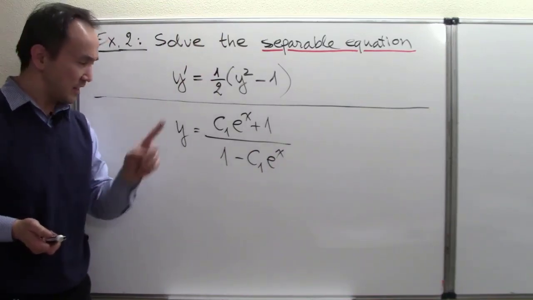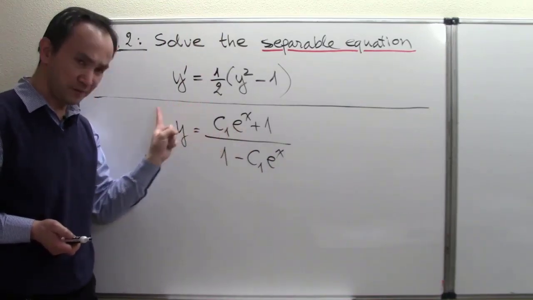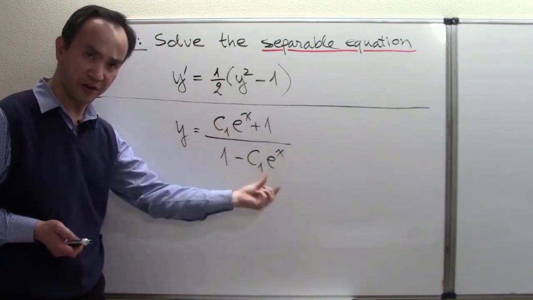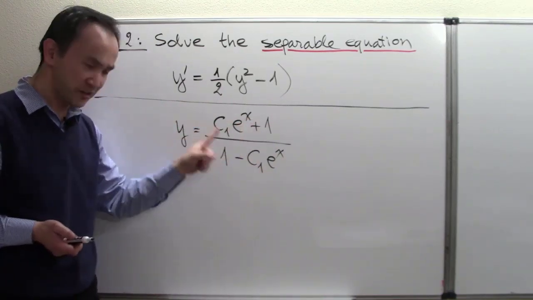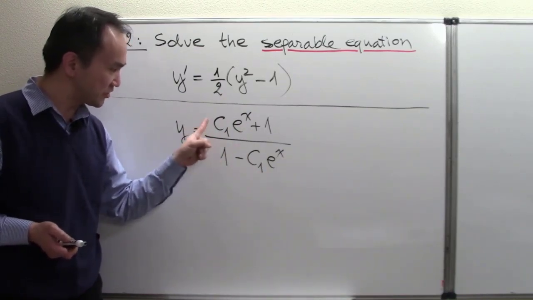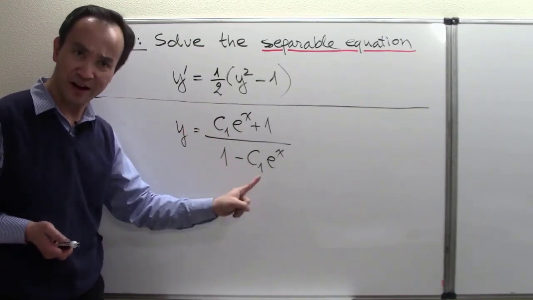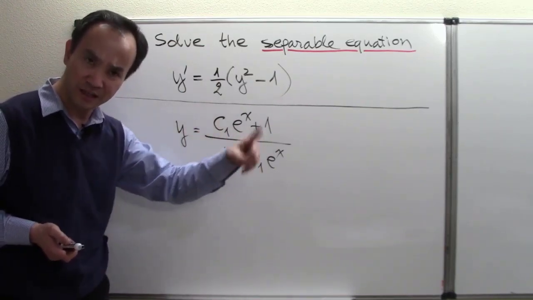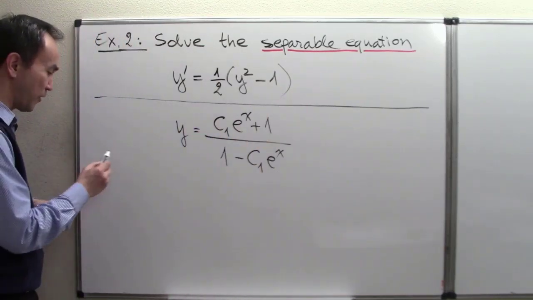I've been saying that the c1 in the function plays the role of a coefficient, but in the end, it's just a constant that can take different values. C1 can be a different value.